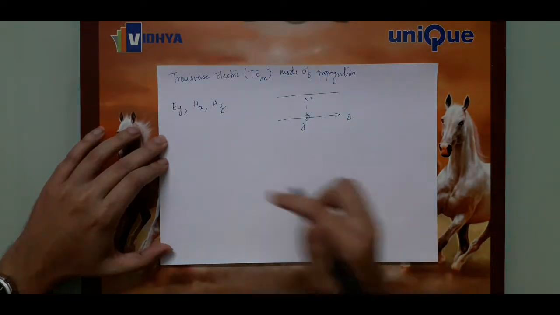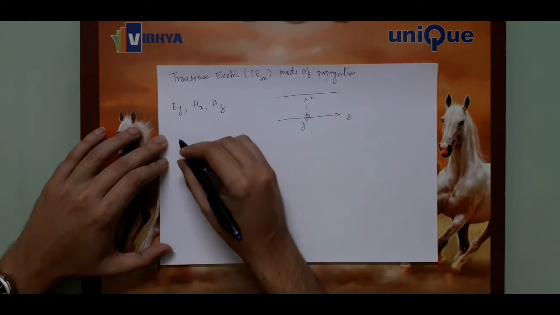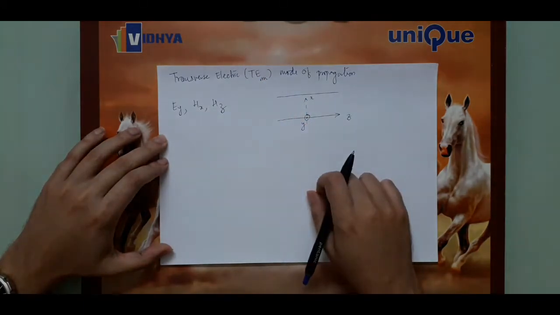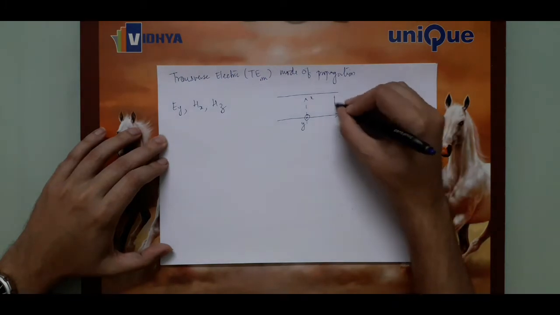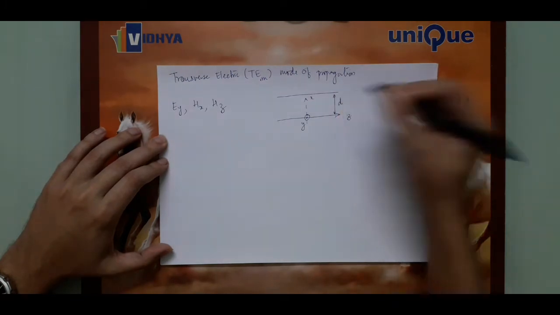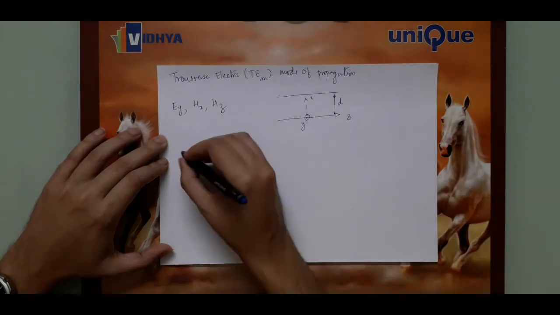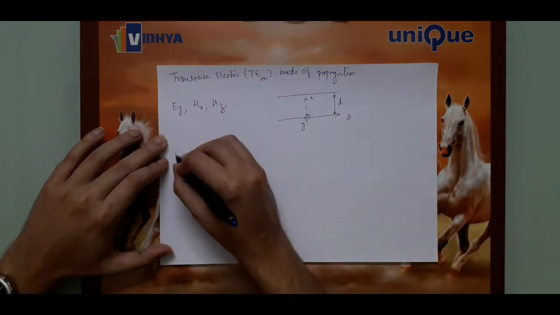So we have derived that in terms of the mode number m and the other parameters, for example, if the distance between the two plates is d, then we get the following field expressions.